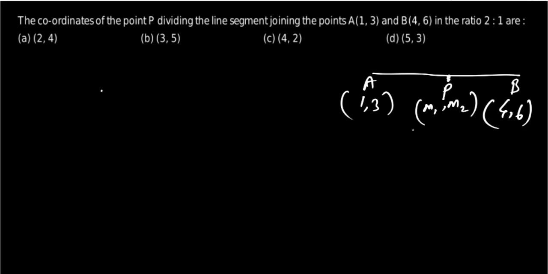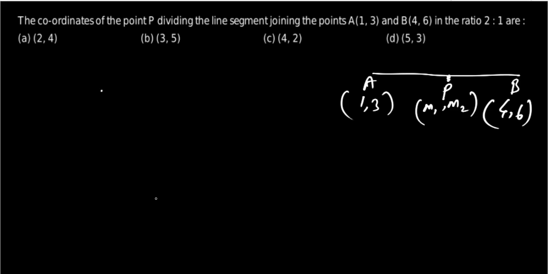So the coordinates of the point x, y divides the line segment x1, y1 and x2, y2 internally in the ratio M1 is to M2. This can be written as M1x2 plus M2x1 by M1 plus M2.